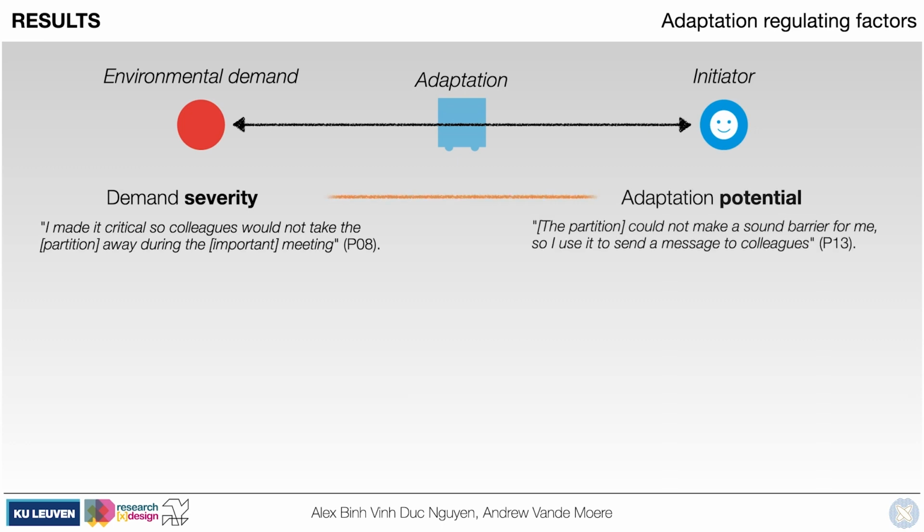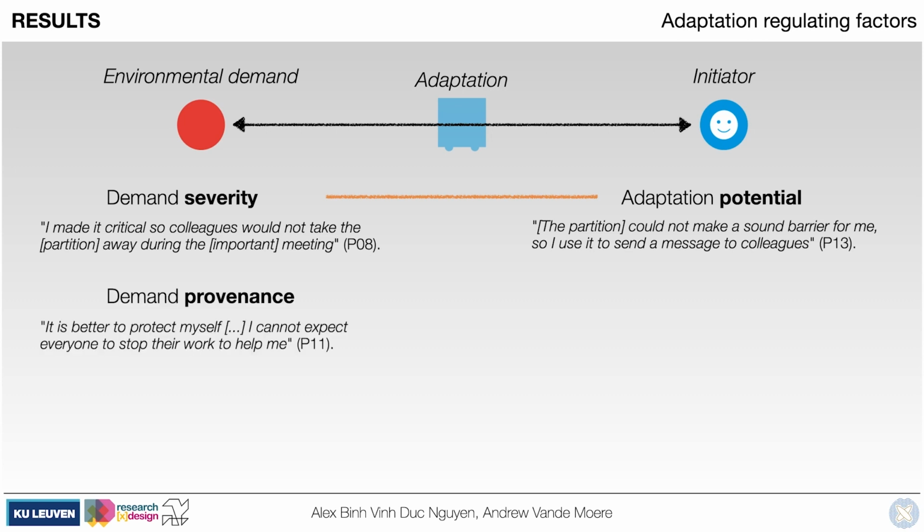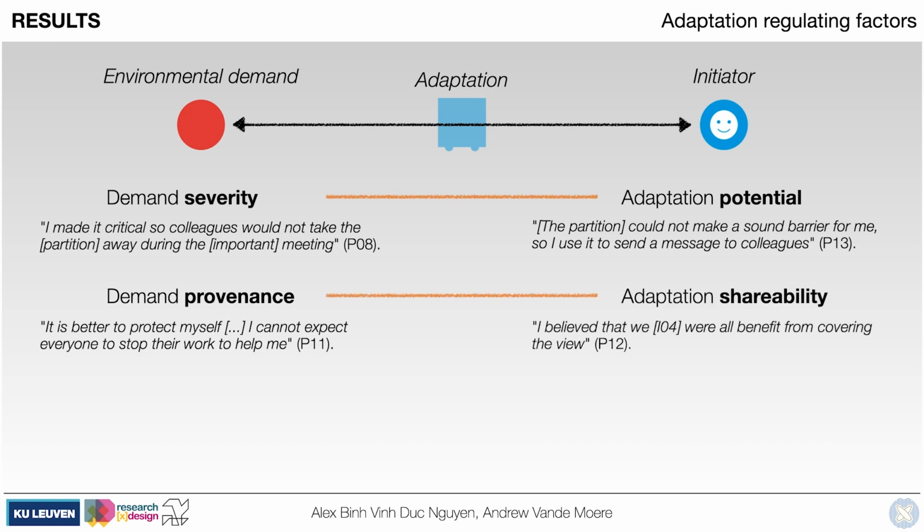This severity is coupled with the adaptation potential, describing how far the initiator expected the adaptation to remedy the environmental demand. On the other hand, the demand provenance defines its origin, whether from external factors or from other co-located workers. This provenance is coupled with adaptation shareability, representing in how far its effectiveness could be shared with other colleagues.